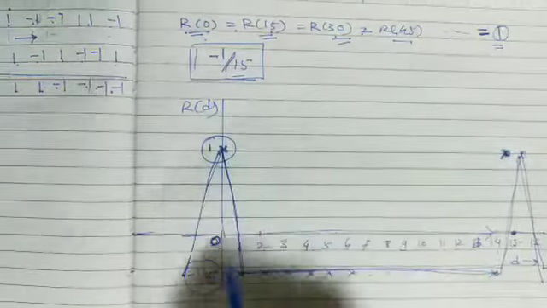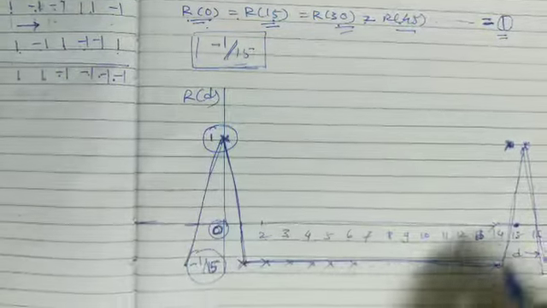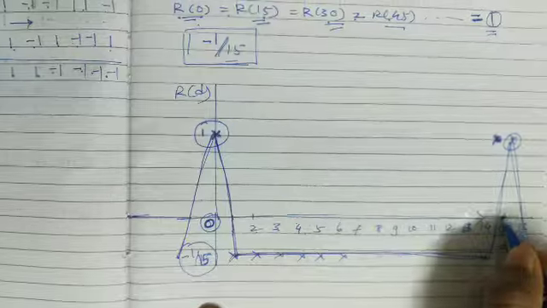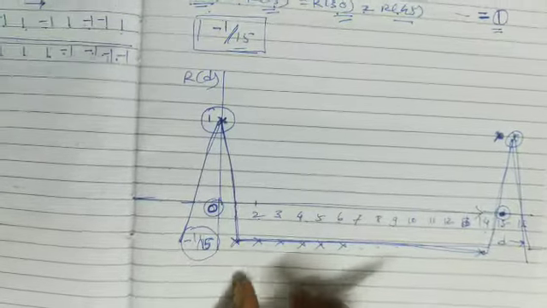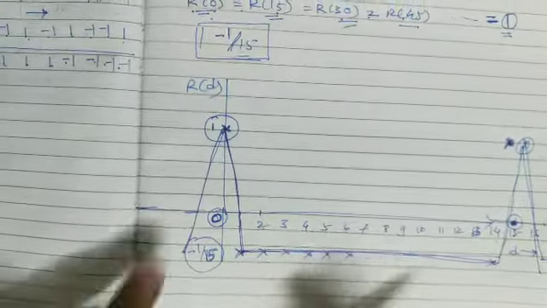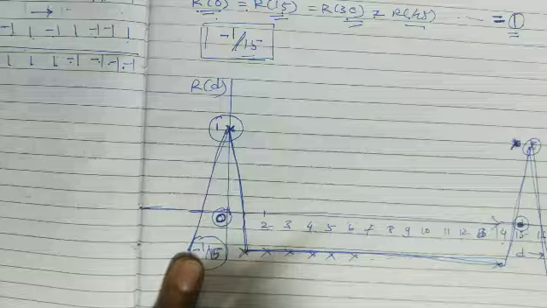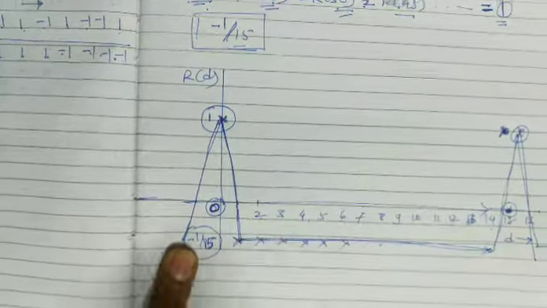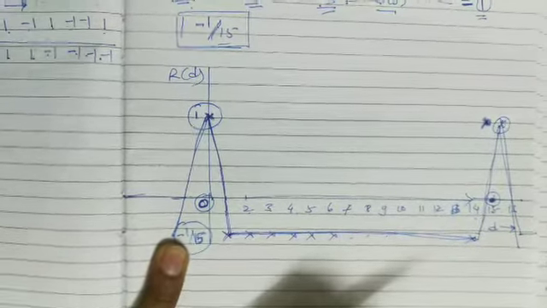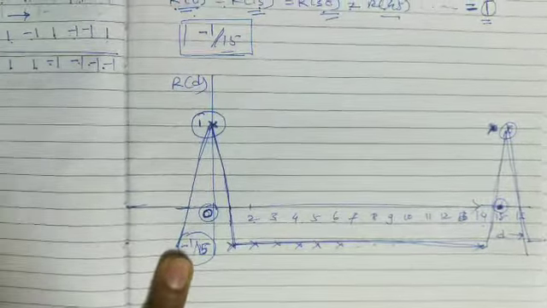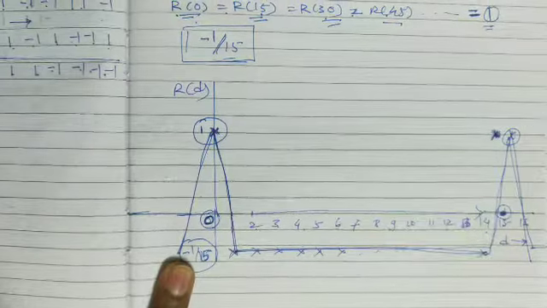This one at d is equal to 0, this one at d is equal to 15. This signifies that the same PN sequence must be used at the receiver as that of the PN sequence that is used at the transmitter.